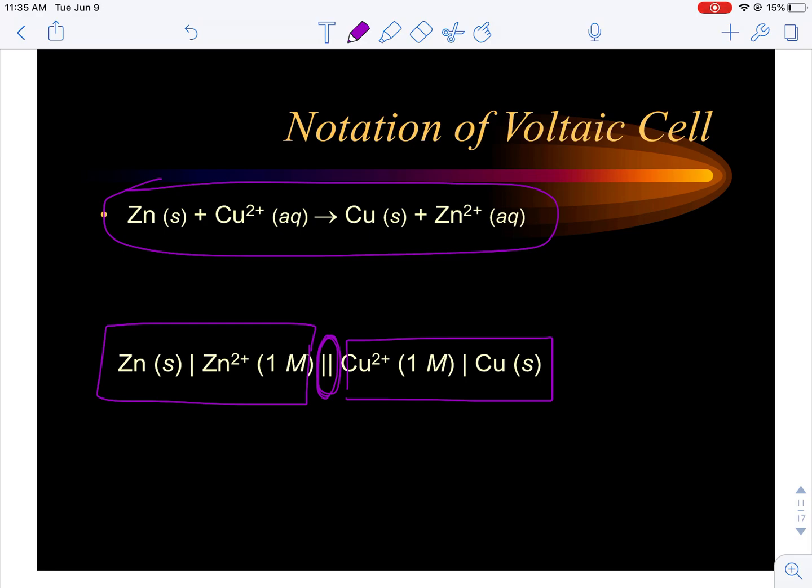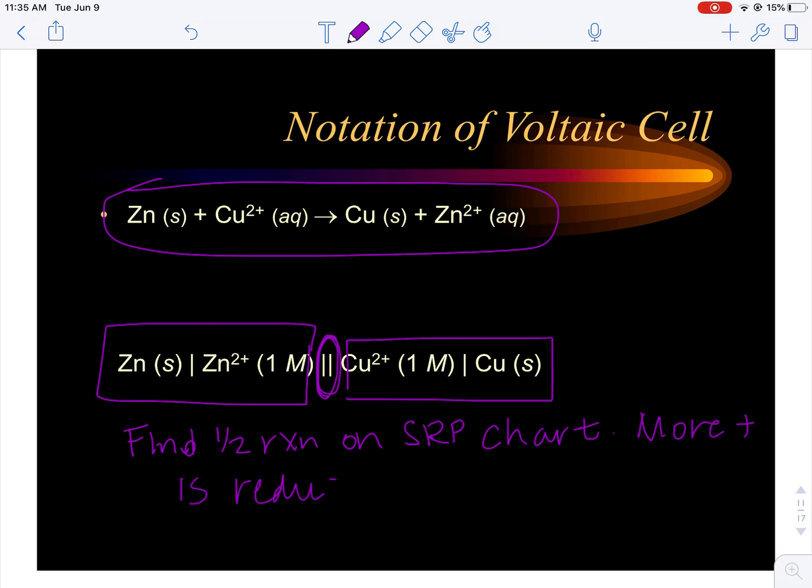And how is it that you know? Exactly what we did before. You find the half reactions on the standard reduction potential chart. The one that's more positive is reduced. The one that's more negative is oxidized.